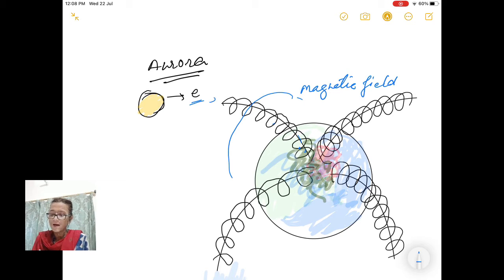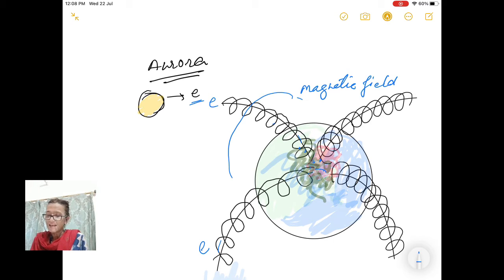So here is the helical path for one charge. For another charge, here is a helical path, and when all the charges get close to each other, they agitate with the particles of the atmosphere. These charges agitate with the particles of nitrogen and oxygen.